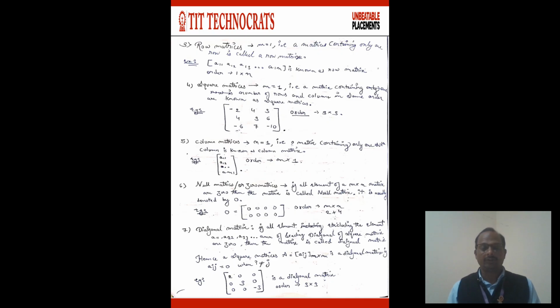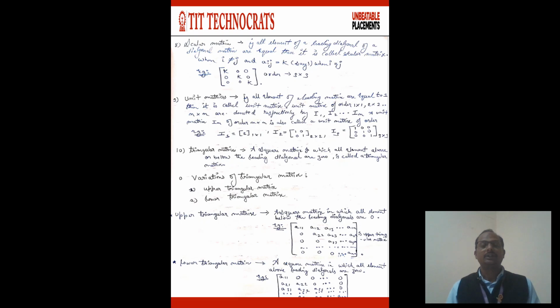Now the diagonal matrix. If you have a matrix in which there are elements only on the diagonal and the rest of the elements are 0, such a matrix is called a diagonal matrix. Then the scalar matrix, which is a case of diagonal matrix where all elements of the diagonal are strictly the same. As you can see here, the matrix is k 0 0, 0 k 0 and 0 0 k.